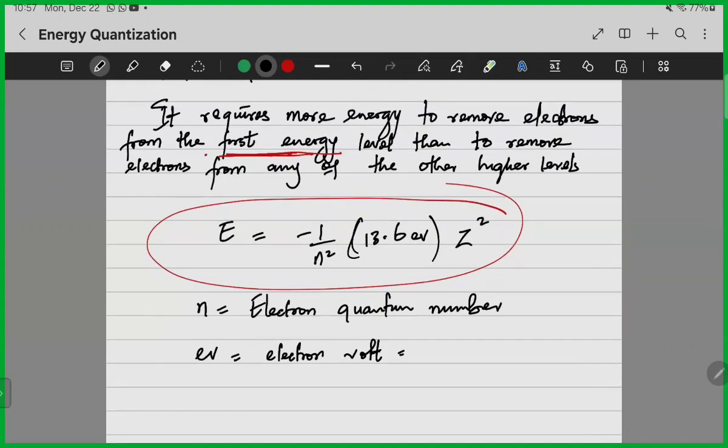If we are converting that to joules, we use 1 electron volt equal to 1.6 times 10 to the power minus 19 joules.